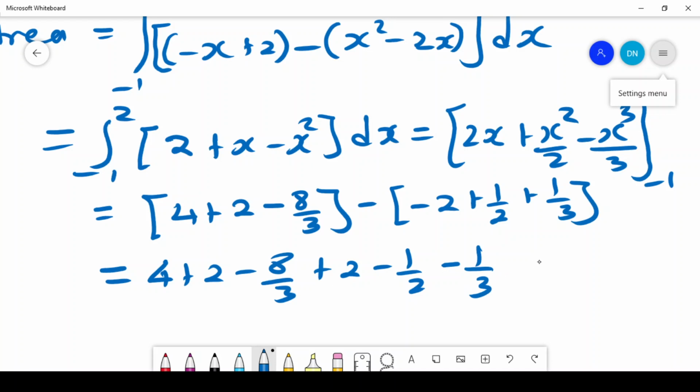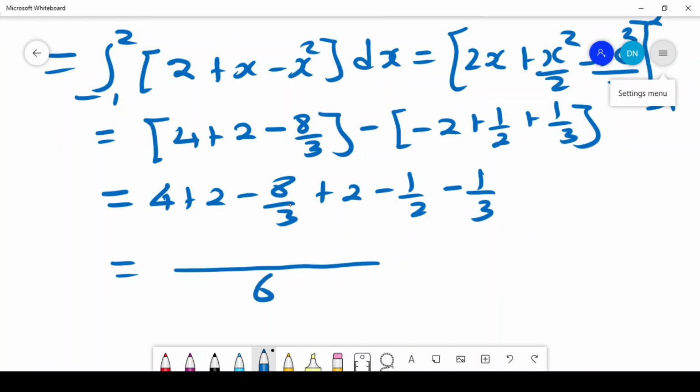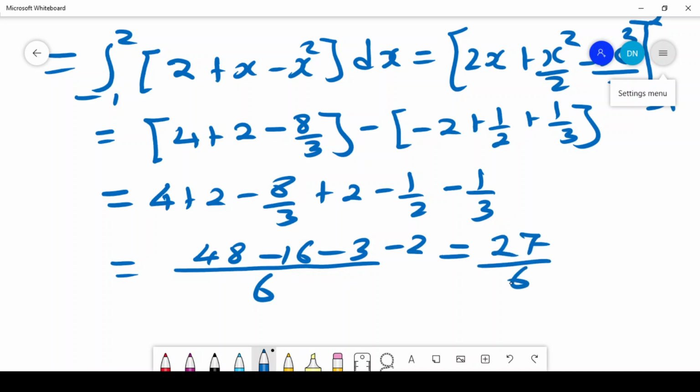So 4 plus 2 plus this is 8. 8 times 6 is 48 minus 16 minus 3 minus 2. That is 27 over 6, which is 9 over 2.